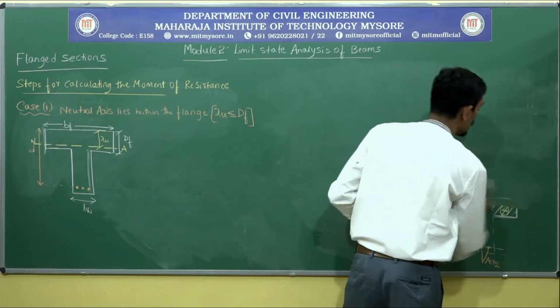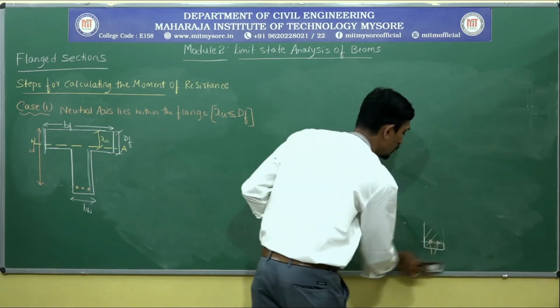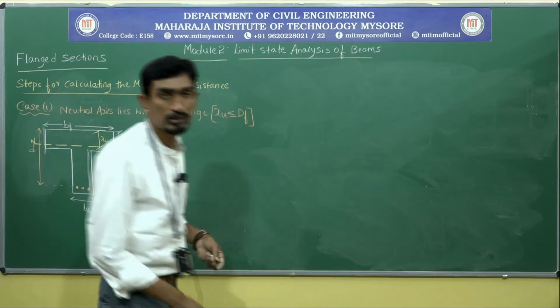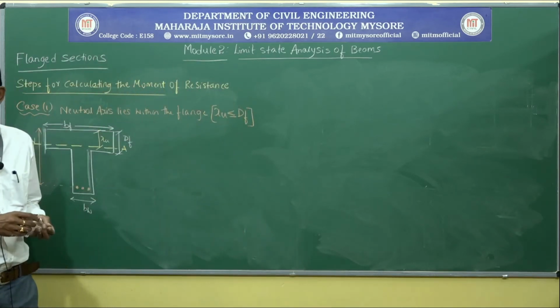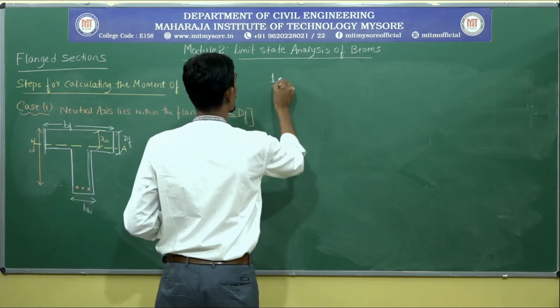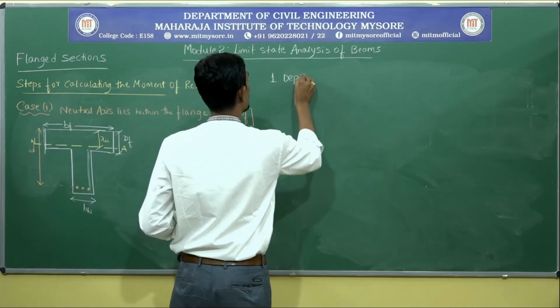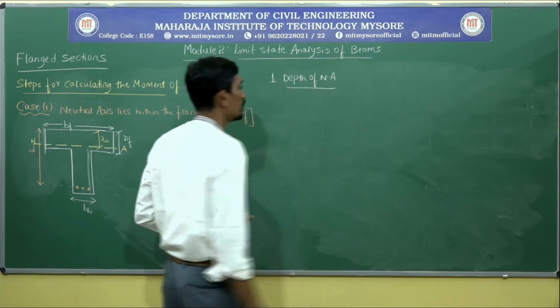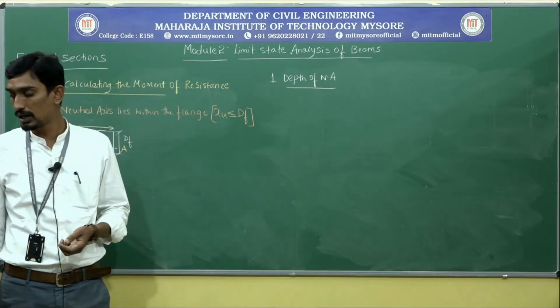Whatever the assumption has been made, whether it is correct or not, that I am going to check now. So step number 1 is calculating the depth of neutral axis.